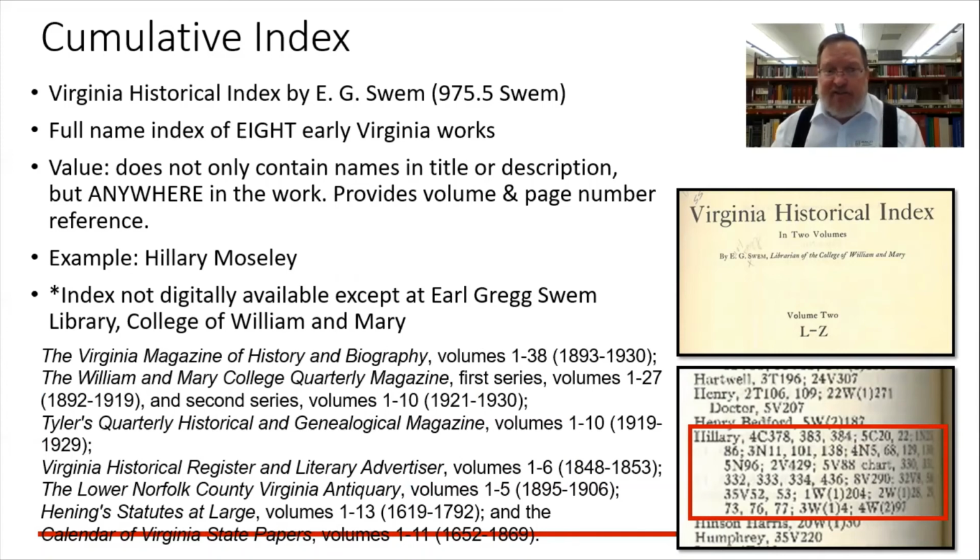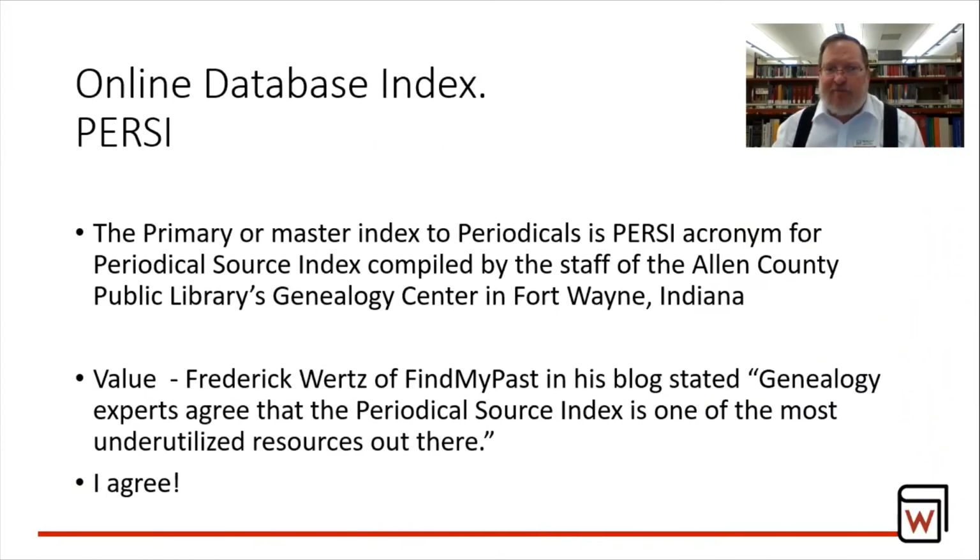It has roughly, I think, 8 different Virginia works, very prominent works, and it's in print, and it indexes all those books, those magazines, and yet it's not online except for one place, and that is in the Earl Gregg Swem Library at the College of William and Mary. It's not on Ancestry. It's not online digitally somewhere. So you need to think in terms of 50 years ago, 75 years ago, things were being indexed. Where are those indexes?